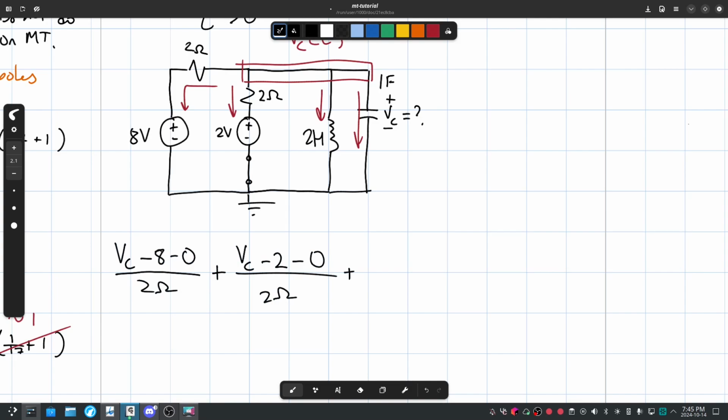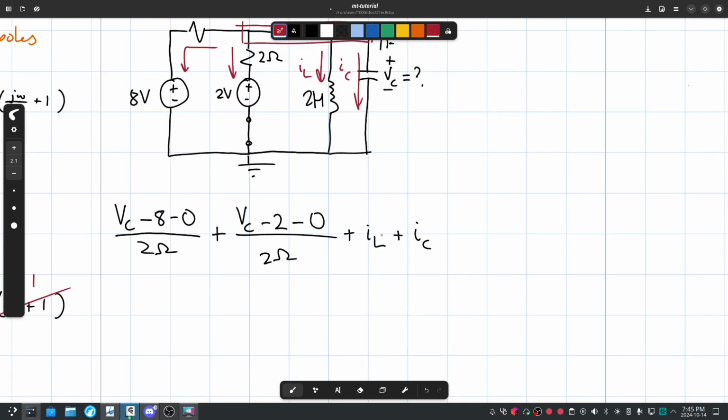Plus, and here we can't really figure this out, so it's going to be IL plus IC, the current flowing through the inductor and the current flowing through the capacitor. Now, we are trying to find voltage, not current, so we need to get rid of these ILs. And wait, one second.